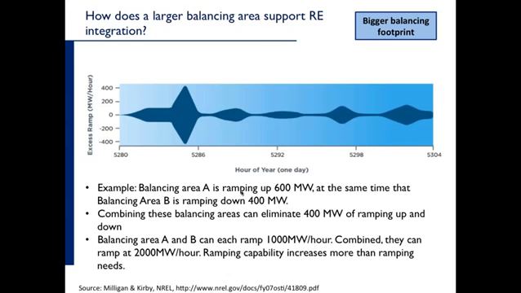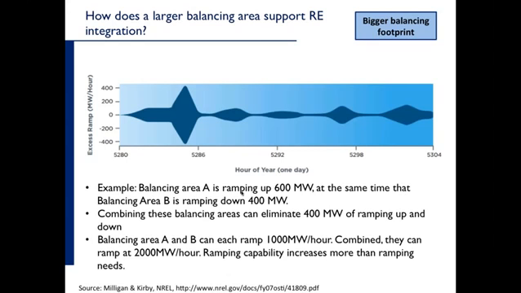And that generation has to respond within the hour so that we can meet this ramp. Well, at the same exact moment in this example, balancing area B finds that it's ramping down by 400 megawatts. And so balancing area B has to turn down 400 megawatts of its generation so that it can meet its demand in that same exact hour.